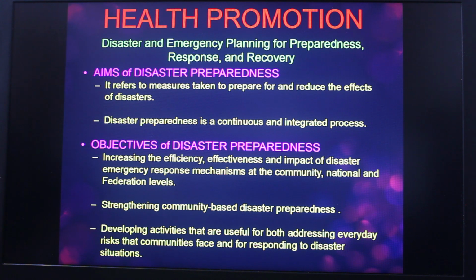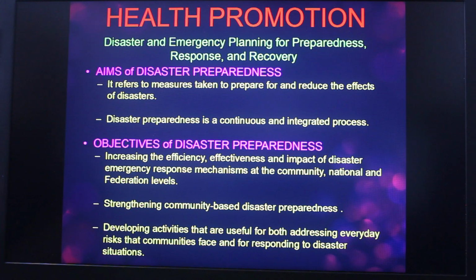If we look at the objectives of disaster preparedness, the first is increasing the efficiency, effectiveness, and impact of disaster emergency response mechanisms at the community, national, and federation levels, depending on the level of the disasters happening, level 1, level 2, or level 3 disasters. The second objective is strengthening community-based disaster preparedness and developing activities that are useful for both addressing everyday risks that communities face and for responding to disaster situations.